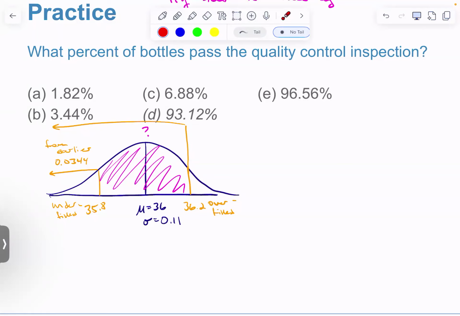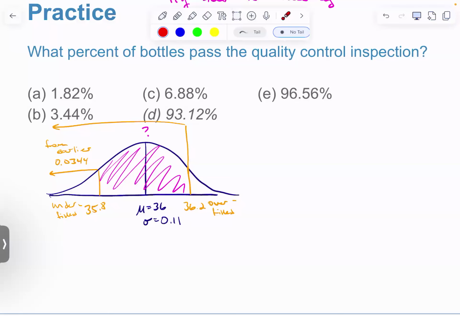Or with practice, you might gravitate towards this method where you find the area to the left of 36.2 and then chop off the area you don't want from that. I'll use that method, but you'll see they work out to be the same, of course.